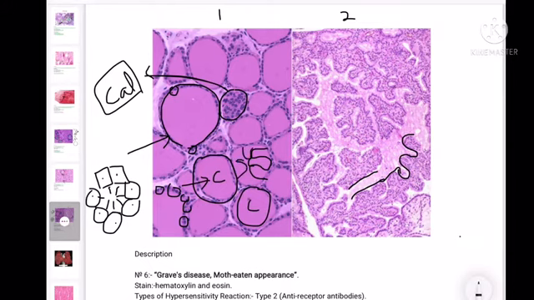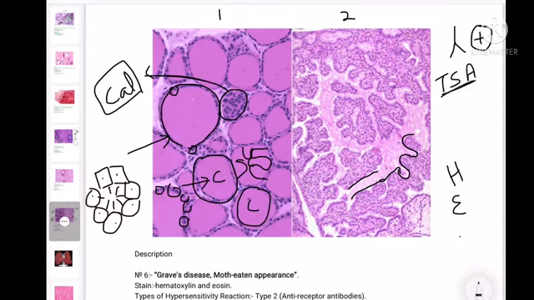Why is this happening? This is happening because of hyperplasia of the gland, with excessive production. Why? Because antibodies are forming. Which type of antibody? Stimulatory antibody. These stimulatory antibodies are called thyroid stimulating antibodies.